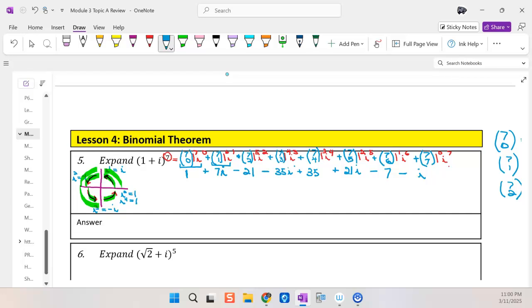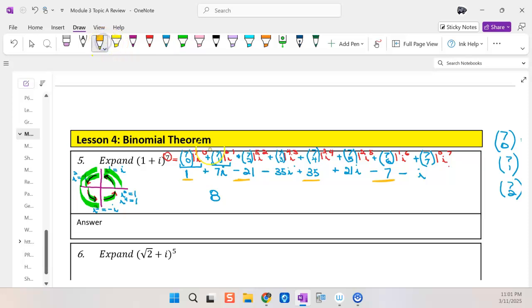All right, now I'm going to do my like terms. So I've got a 1 minus 21, that's -20, plus 35, that's 15, minus 7, that's 8. So those all are going to create 8.